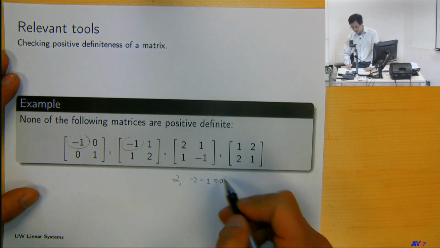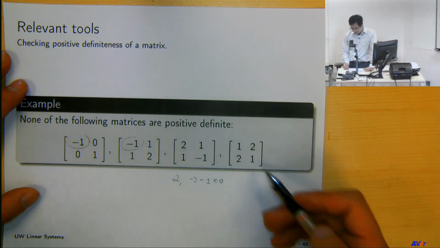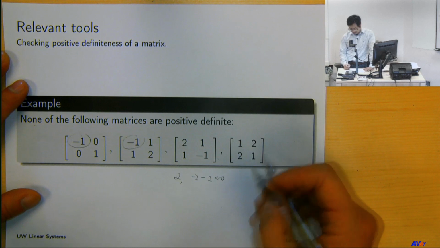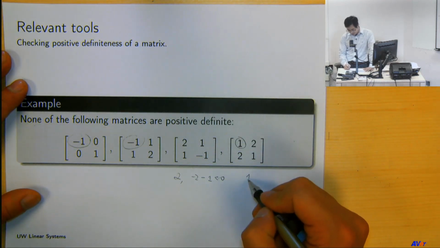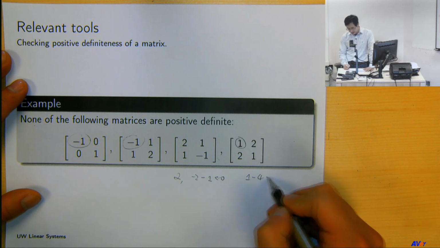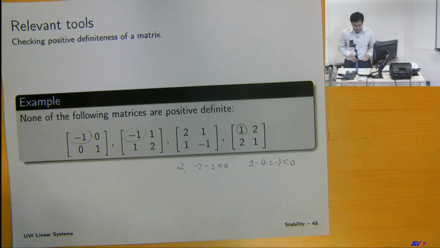So this is less than 0, so it's not positive definite either. Last one, we actually talked about it as an example. So the first leading principal minor is positive, but the second one is 1 minus 4, which is negative 3, so it's not positive definite. So that's easy to check.